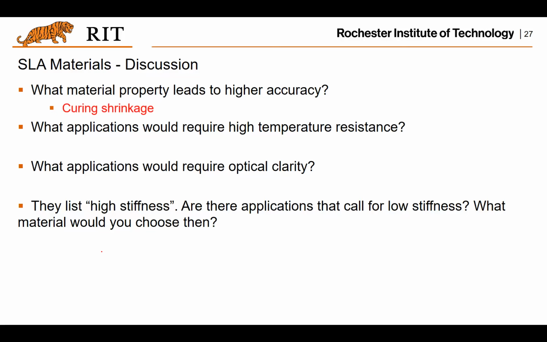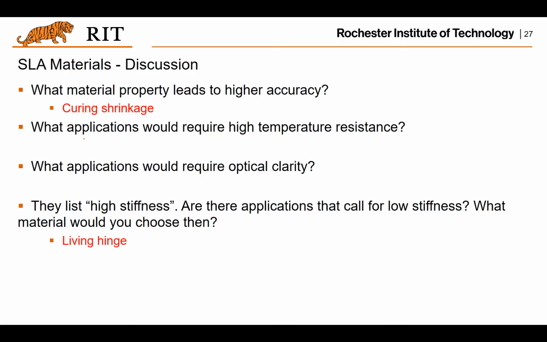So it's similar to the thermal shrinkage. If the shrinkage is smaller, that means you have much more control over the shape accuracy. So if the material has a smaller shrinkage, then the final part has a higher accuracy.